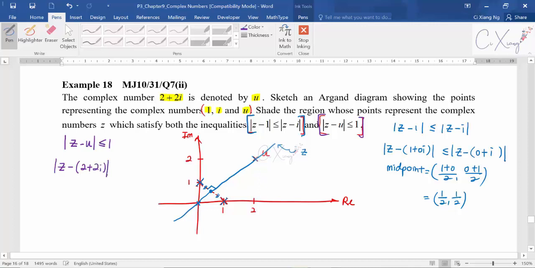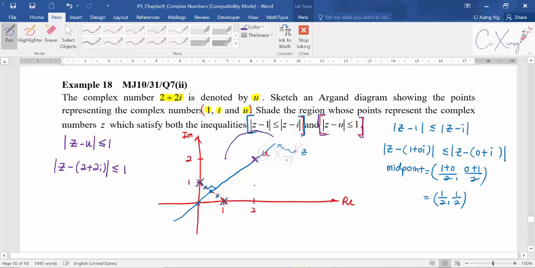This is what it means by modulus of z minus u smaller than or equal to 1. From here you can see very obviously that this should be a circle with radius 1 and center (2, 2). So this is your circle center, and it will pass through all these points. I roughly plot out the 4 points here, then I will have a circle.